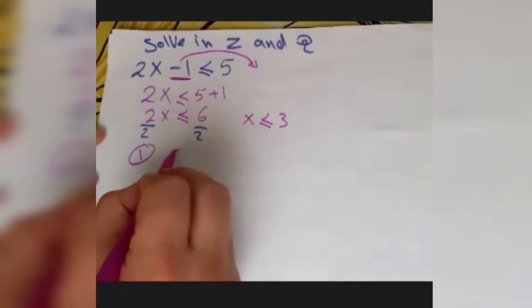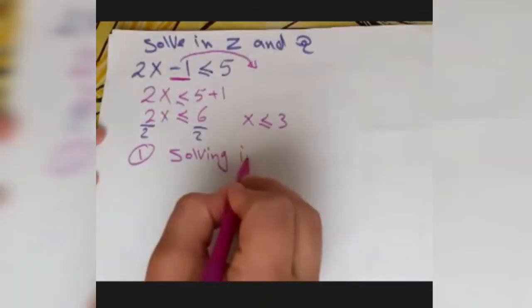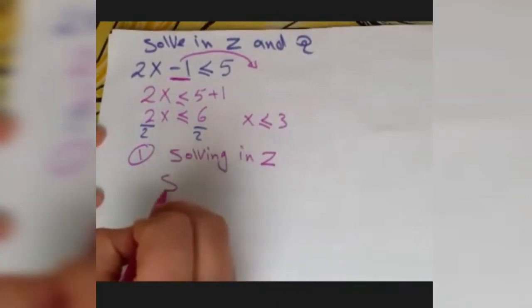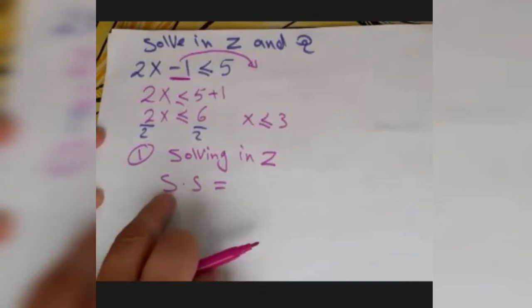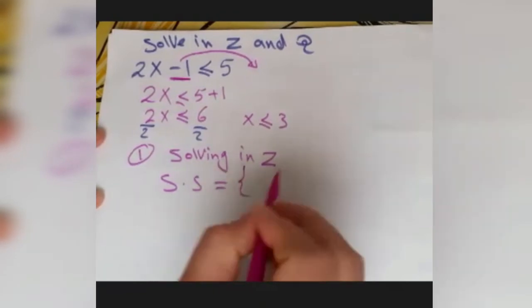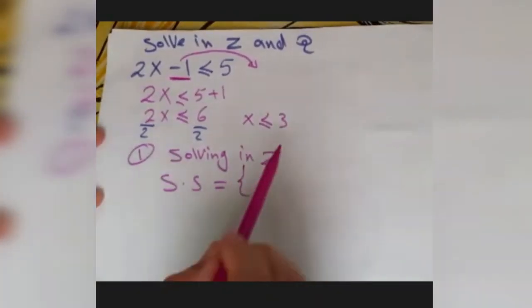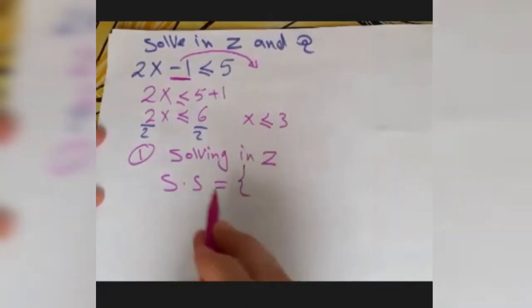Now we have two sets, Z and Q. Number 1, solving in Z. SS equals, SS means solution set, in Z. Search for all numbers that are smaller than or equal 3.